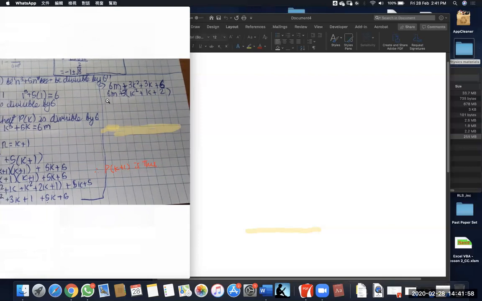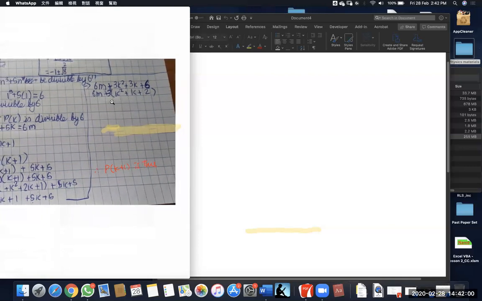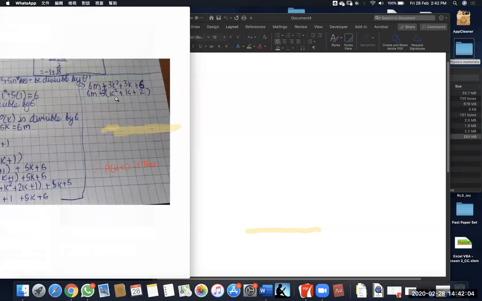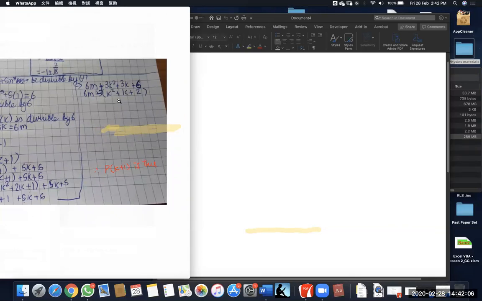Now, what you need to argue more is if k is an odd number, k squared plus k is an even number. If k is odd, k squared plus k is even because k squared is still odd, and odd plus odd is even.